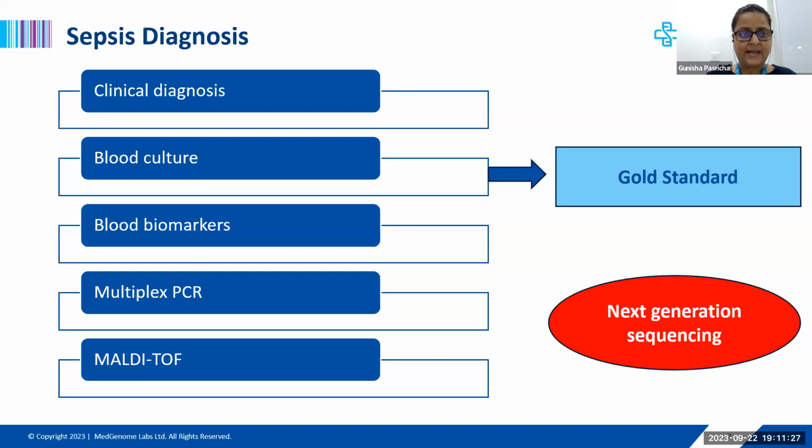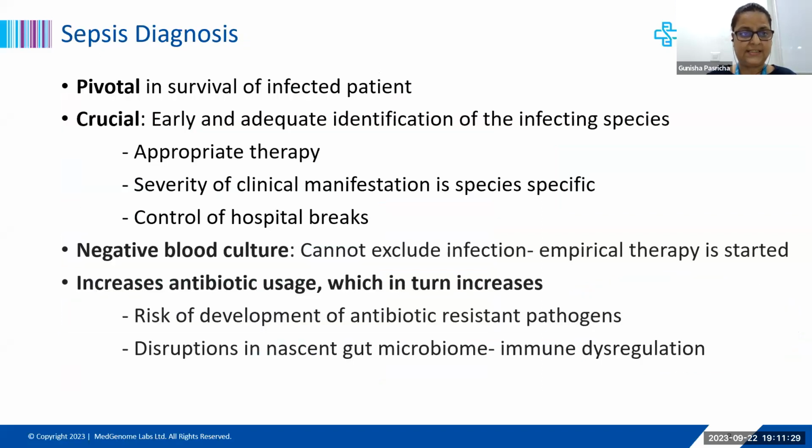As I mentioned, blood culture is the gold standard, and diagnosis is pivotal. If we have a diagnosis, definitely the mortality rate will not be high. So it's very crucial that early and adequate identification of the infecting species is there.